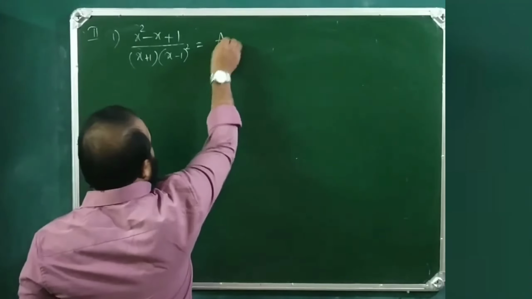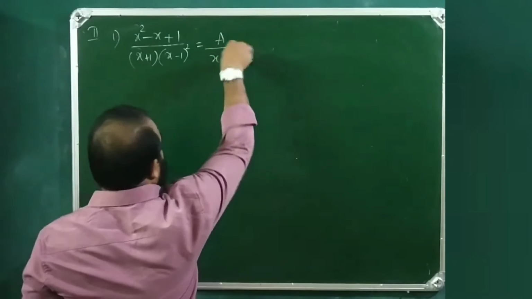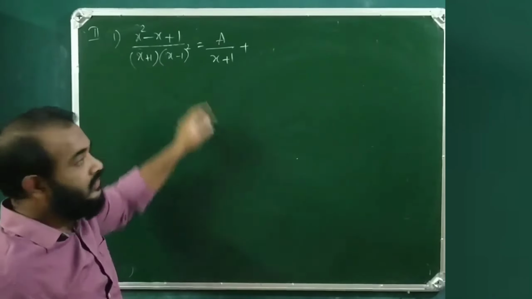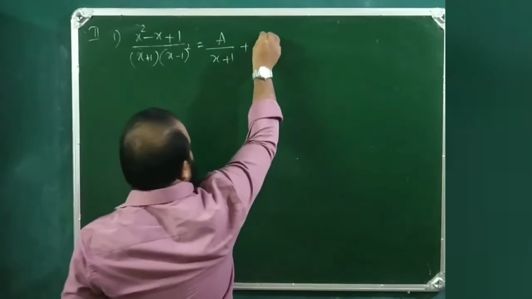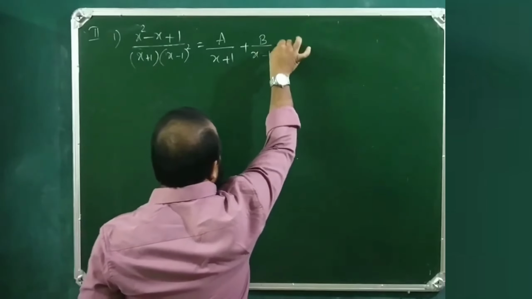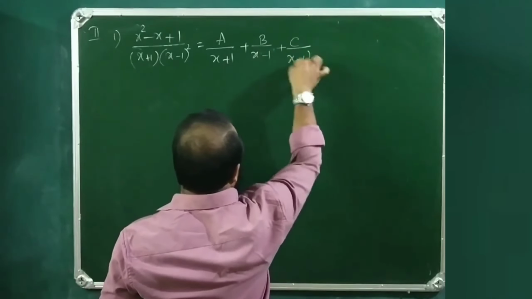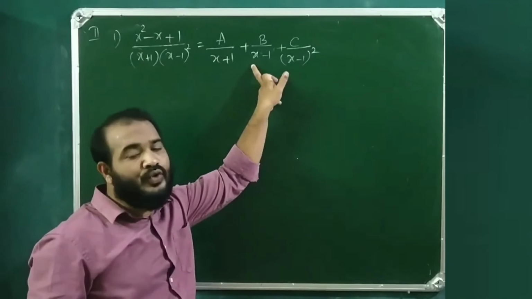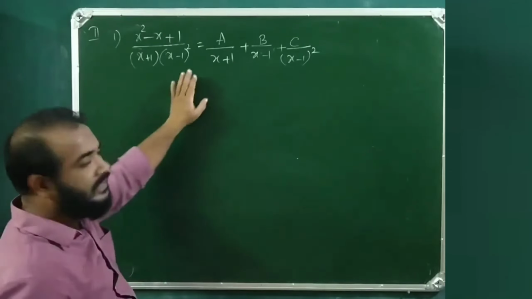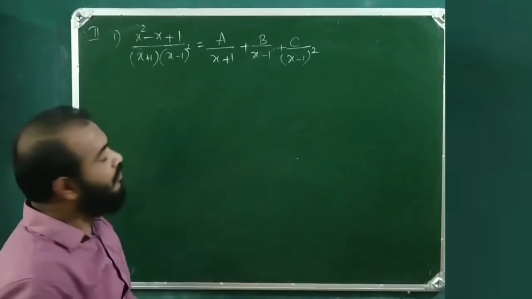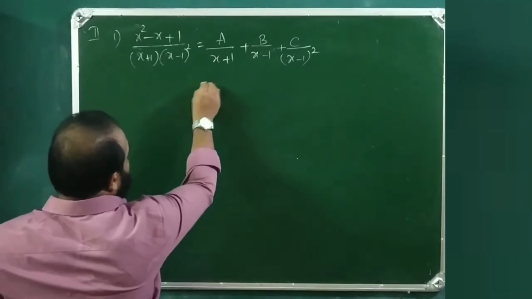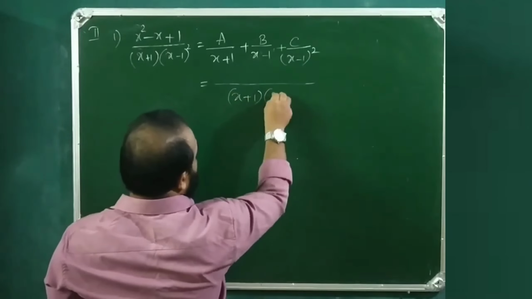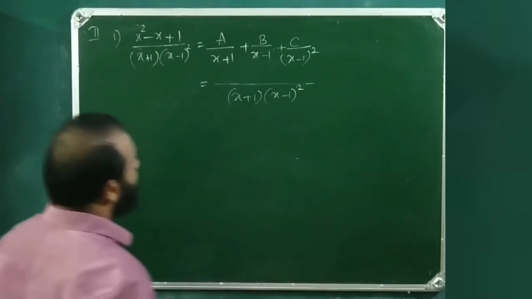So this is A by x plus 1, plus, for x minus 1 repeated twice, B by x minus 1 plus C by x minus 1 whole square. This is what we have done in type 2, so this is the mixture of both types. Now the LCM is x plus 1 into x minus 1 whole square.